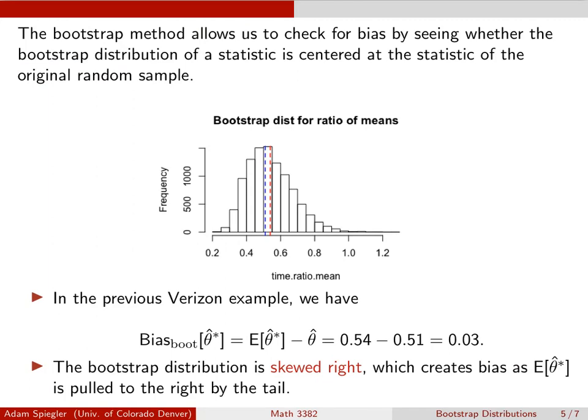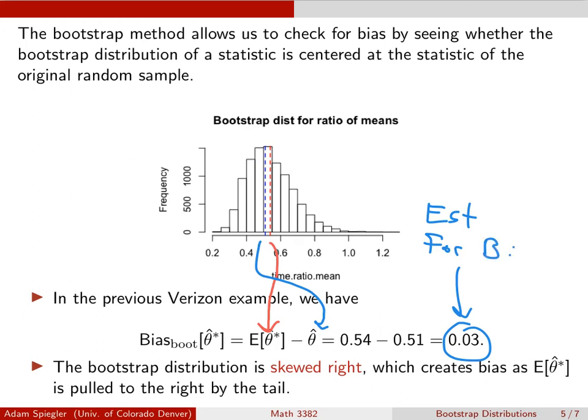Returning to that example of Verizon, let's look at what the bias was and how we can picture that. The bootstrap bias here is the center of the bootstrap distribution, which is that, and then we subtract from that our original estimate from our sample, and we get an estimate for the bias over here.